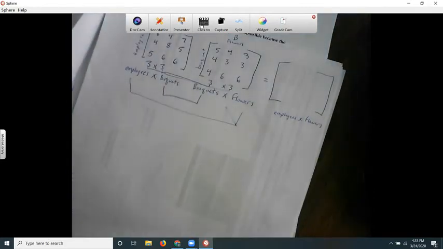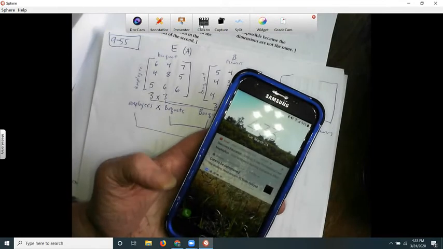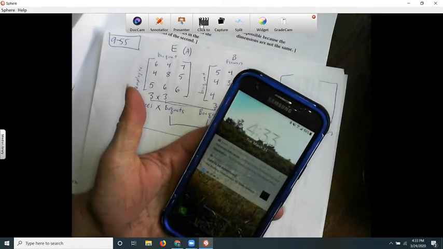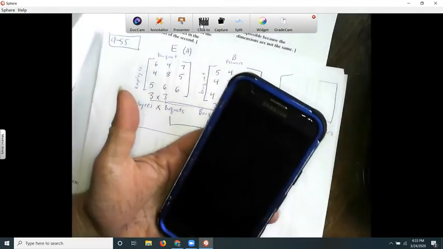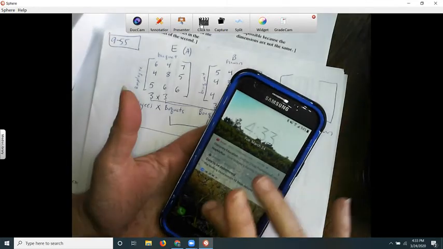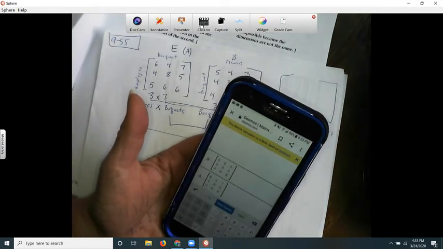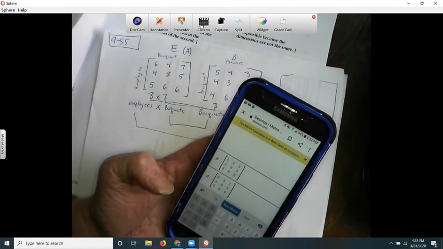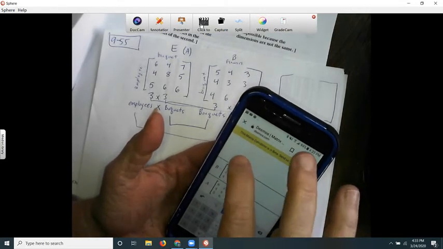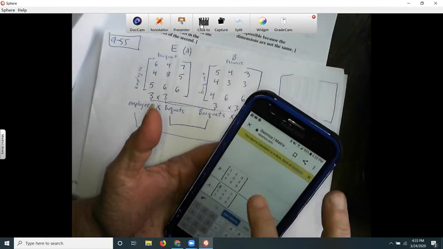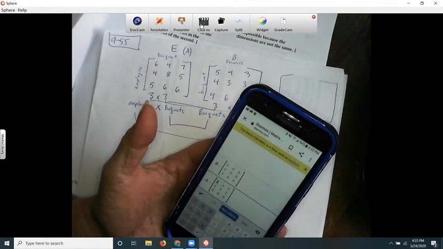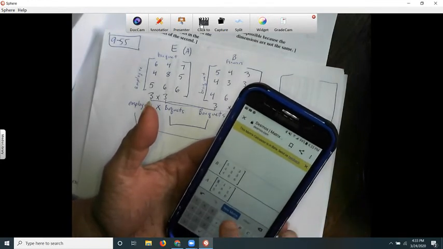So I'm going to ask my little calculator to multiply it for me. So, oops. I want to go A times B. What if I just type A? Nope.